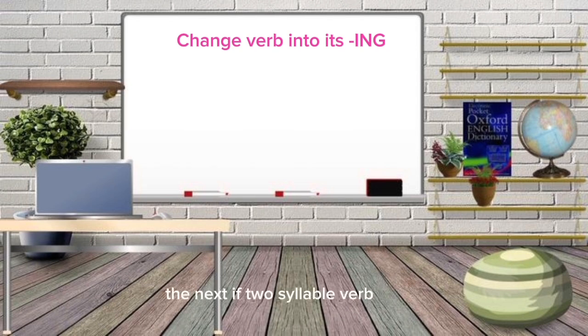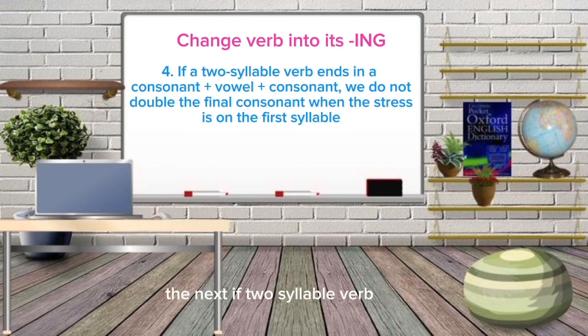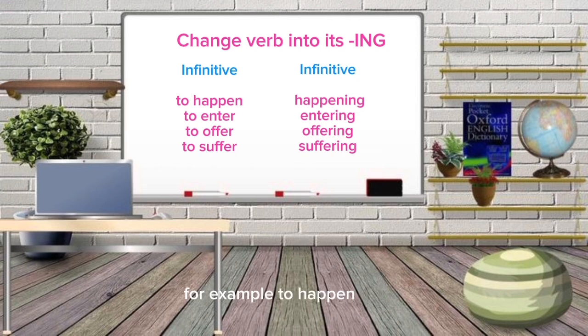The next: if a two-syllable verb ends in a consonant plus vowel plus consonant, we do not double the final consonant when the stress is on the first syllable. For example, to happen becomes happening. To enter becomes entering. To offer becomes offering. To suffer becomes suffering.